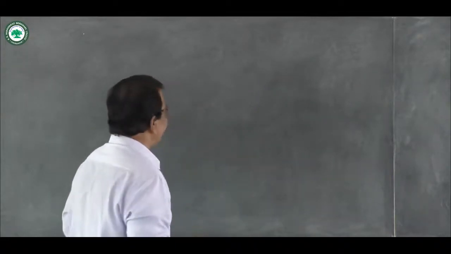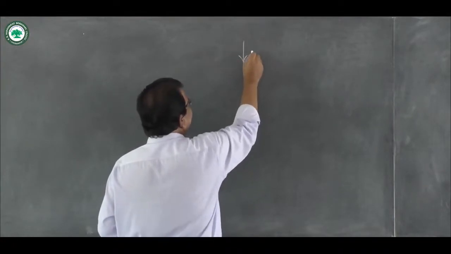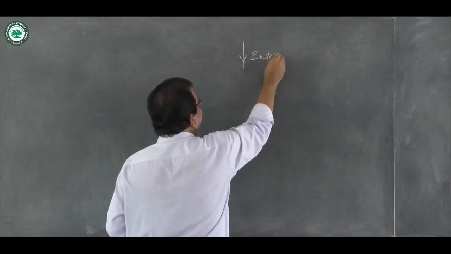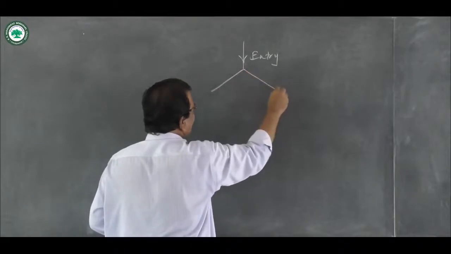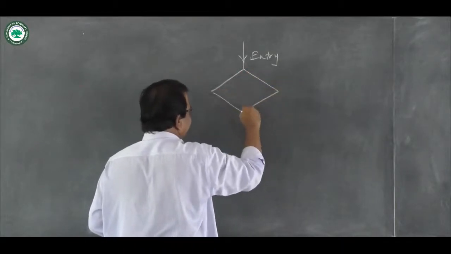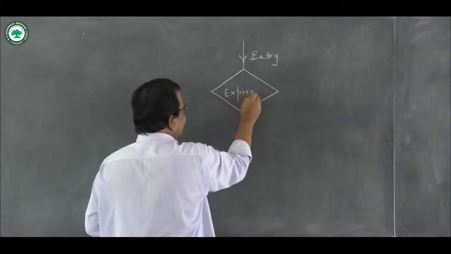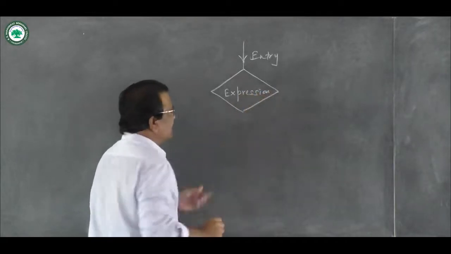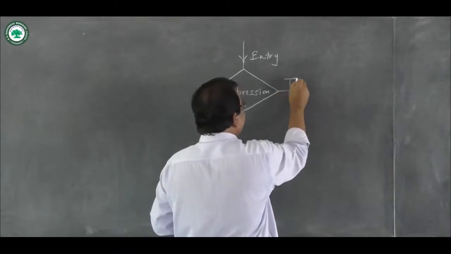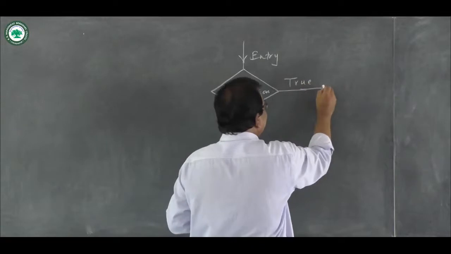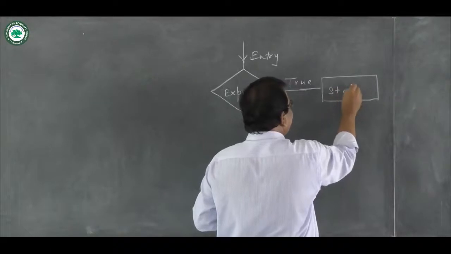This if statement is pictorially represented as follows. Here I will show the entry of control, and here is the diamond-shaped box, or decision-making box, where the expression is. When this expression is evaluated, if it is true, meaning its value is non-zero or 1, then the statement will get executed.